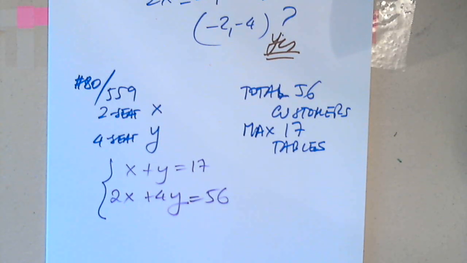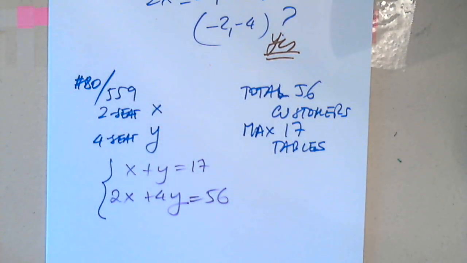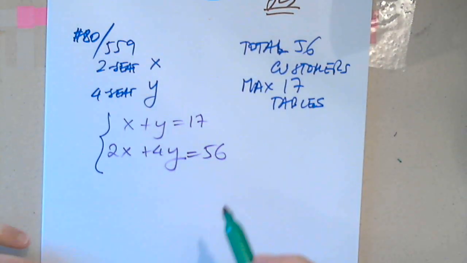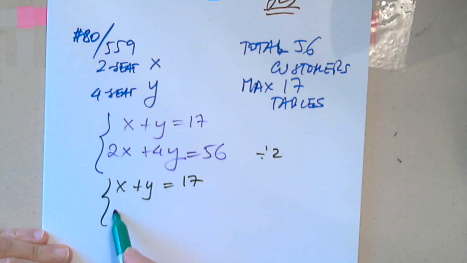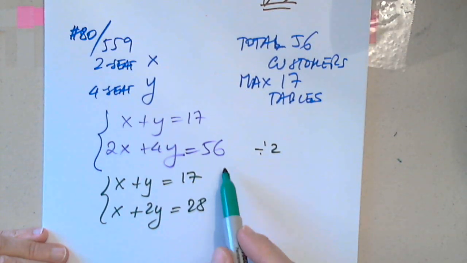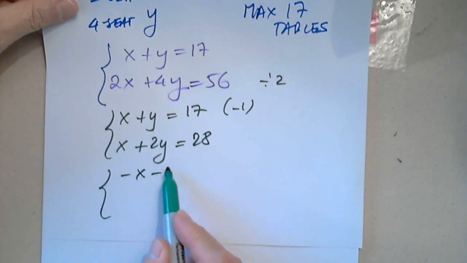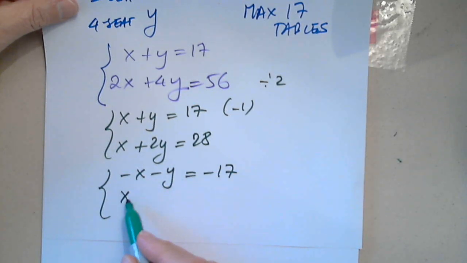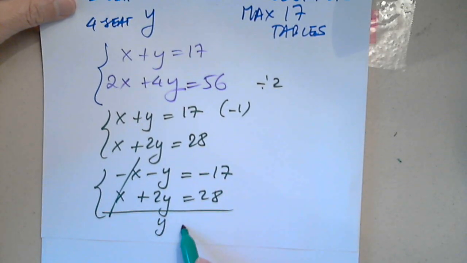Now you actually have 2 ways. You have the possibility of applying substitution or elimination. You can substitute, solving the first equation for X or for Y in the second equation, or you notice that you can divide this by 2 and simply multiply the first one by negative 1, and get negative x minus y equals negative 17, and x plus 2y equals 28. y equals 11.